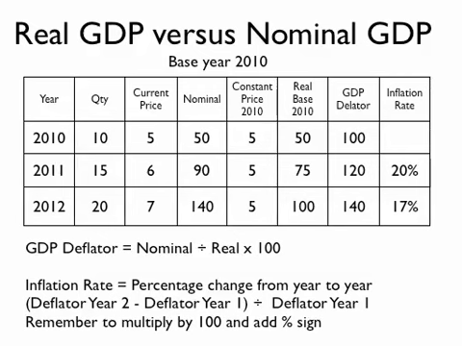You'll note that each year there's a difference between the nominal and the real, and that's reflected in the deflator. To calculate the inflation rate, we just take the GDP deflators for the different years and subtract and divide by the base year, and that would give us the inflation rate. Remember to multiply by 100 and add the percentage sign.